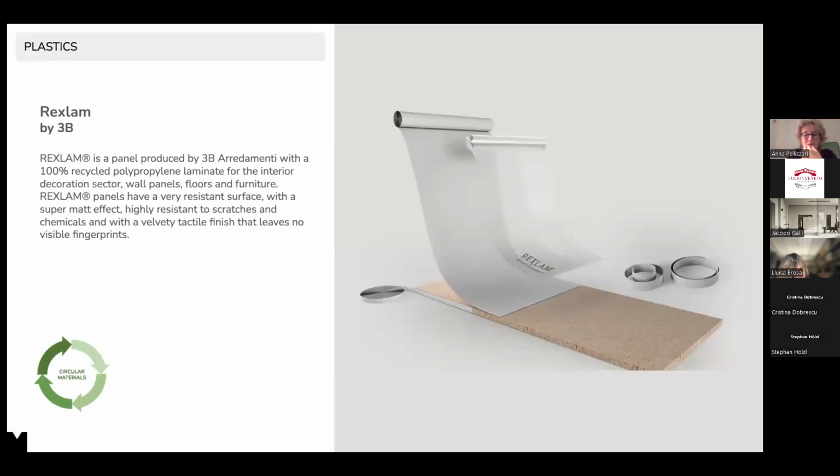When it comes to recycled plastics, this is a couple of products by 3B Arredamenti. You know them, I'm pretty sure. They propose this 100% recycled polypropylene laminate for interior decorations.